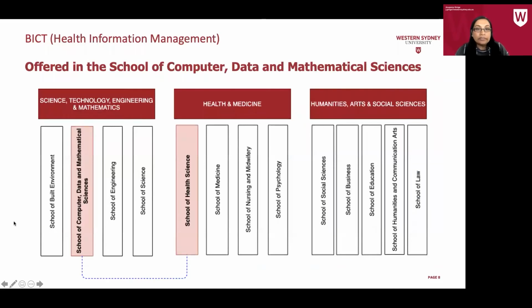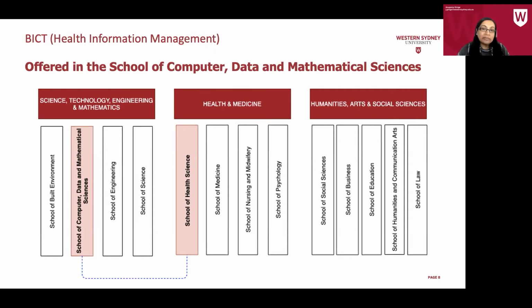So just a little bit more details about how this degree is organized. In our university, we have basically 3 clusters of schools or faculties, if you like. Myself, as I said in the beginning, I belong to the School of Computer, Data and Mathematical Sciences.